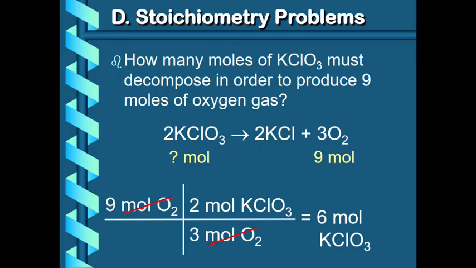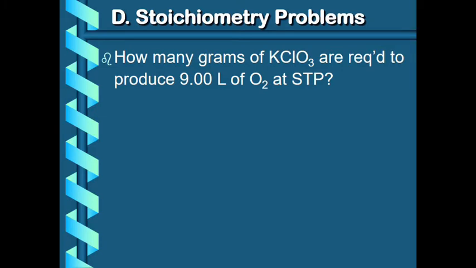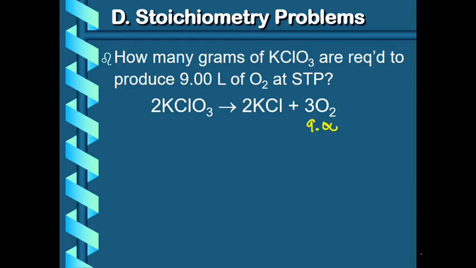Moving on to our next example, we're going to use the same equation, and we're looking at how many grams of potassium chlorate are required to produce 9 liters of oxygen at STP. So if I were to label my given information, I have 9 liters of oxygen, that's gas. Notice it says at STP here.